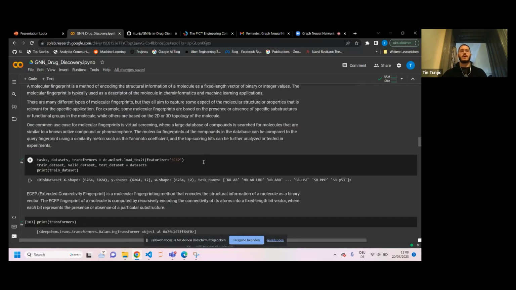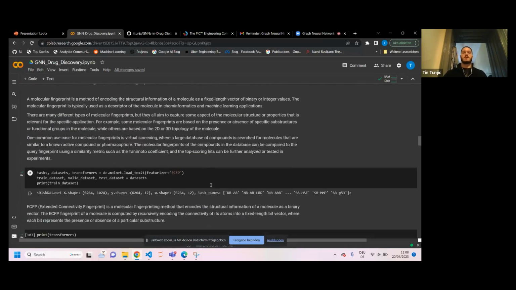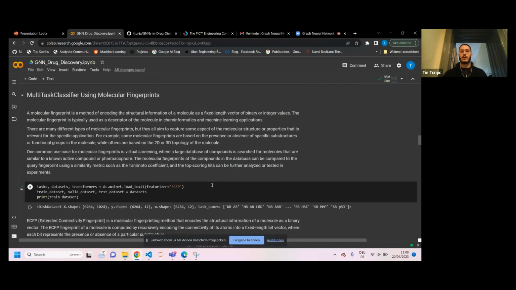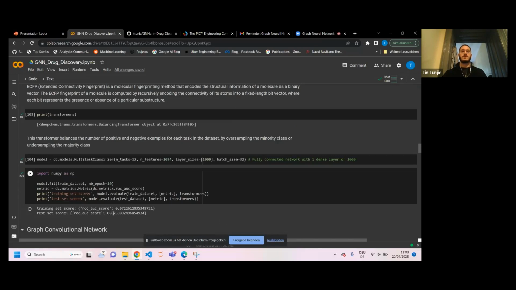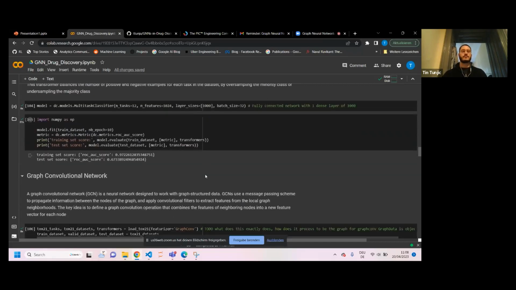Then we did this multitask classifier, which was basically just an out-of-the-box fully connected network model. And we obtained the scores of that data set, and we've seen that it's 0.67, so 67% on the AUC score, which is, as I said, slightly worse than the out-of-the-box graph convolution network, and also than our own written graph convolution network, which is quite nice.